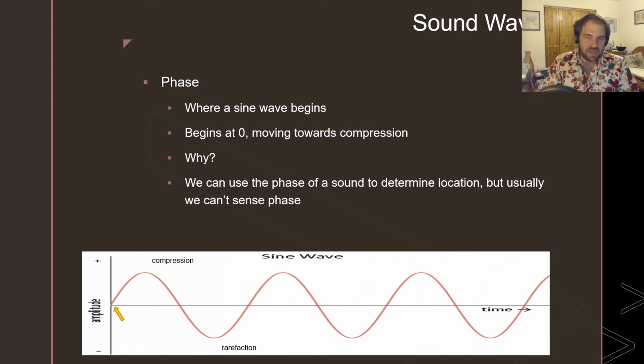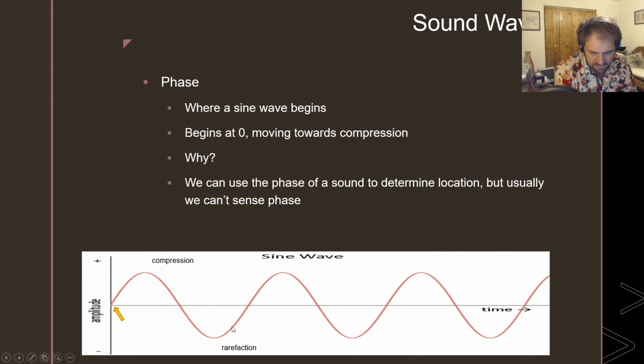We can use phase to determine where a sound is coming from. So if you think about this, like let's say my head is right here. It's this circle that's taking up about this zone right here. Well, my right ear is going to be right here, and the phase at my right ear is going to be right here.